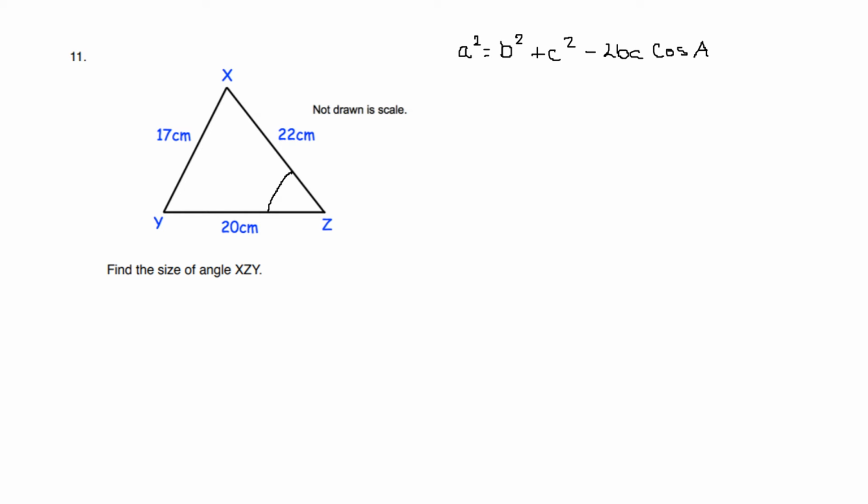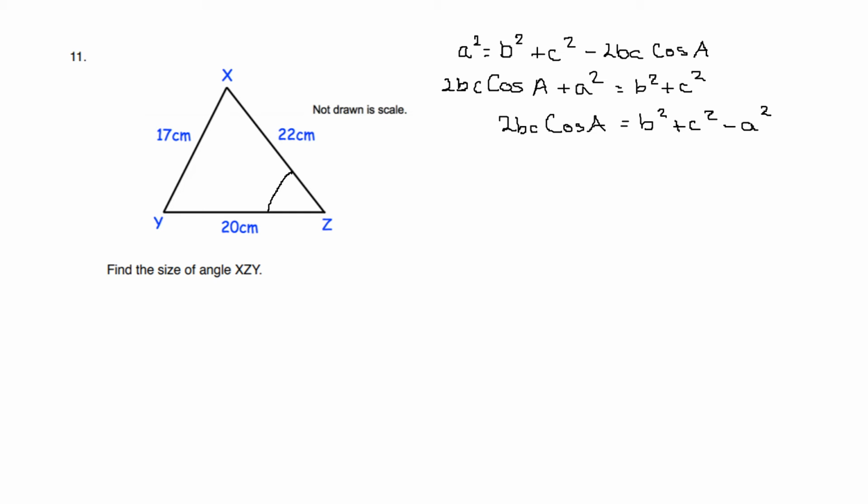So the first thing that I'm going to do is add 2bc cos a to both sides so that I've not got any nasty negatives. So I'm going to have 2bc cos a plus a squared equals b squared plus c squared. Then I'm going to subtract my a squared from both sides. So I will get 2bc cos a equals b squared plus c squared minus a squared.